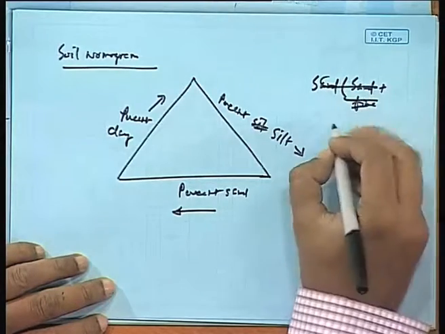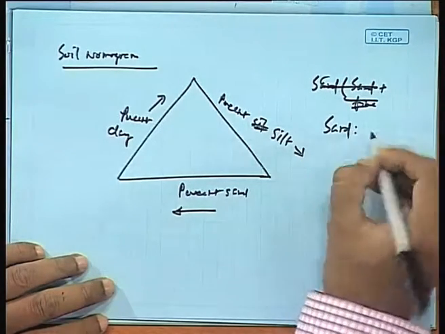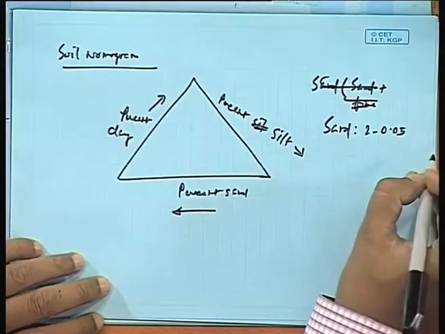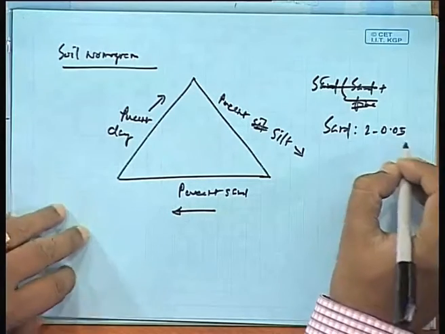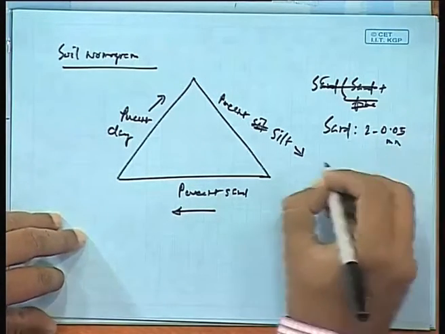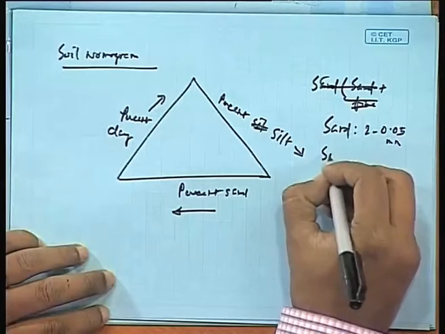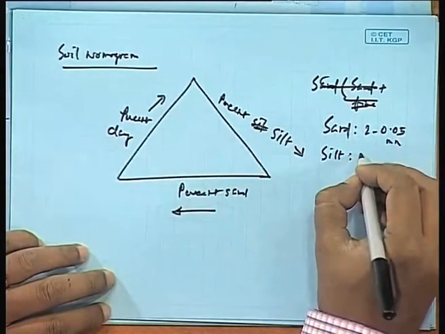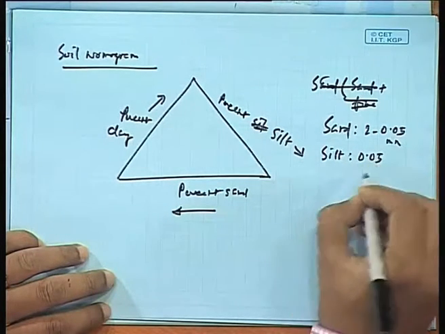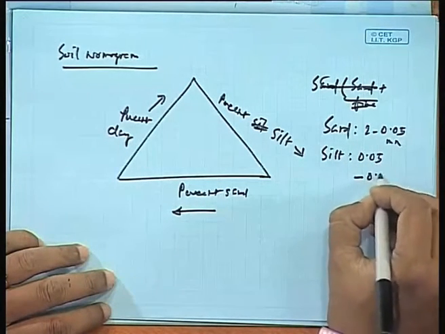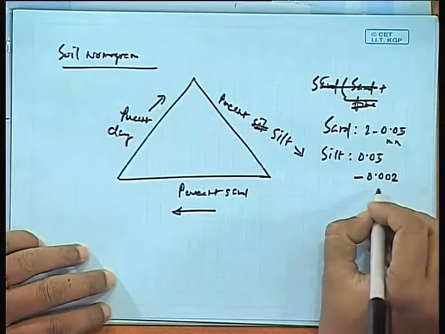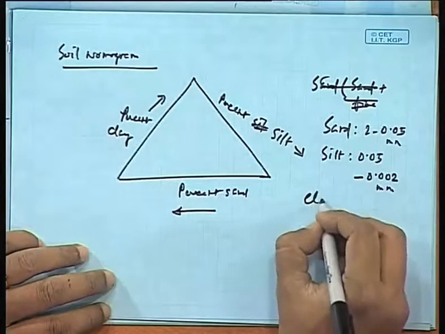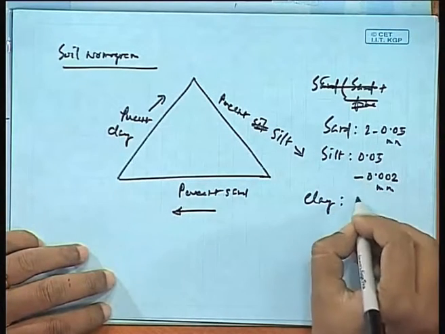Now here the distinction is this. Remember this, sand would mean anything between 2 to 0.5. Other than what has been given to you, please take this. This is very important, particularly to use this nomograph. Silt is 0.05 to 0.002 mm, and clay remains the same, that is below 0.002 mm.